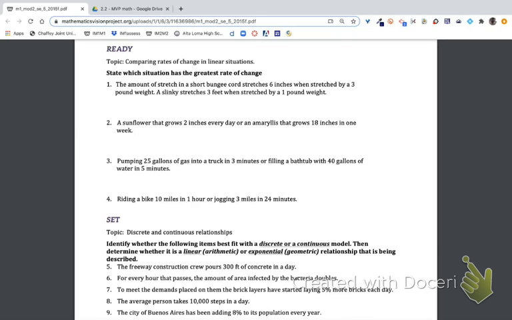So for the first part, we have a short bungee cord stretching 6 inches when it's stretched by a 3-pound weight. So if I have a bungee cord here, and I have a 3-pound weight, it has been stretched 6 inches.